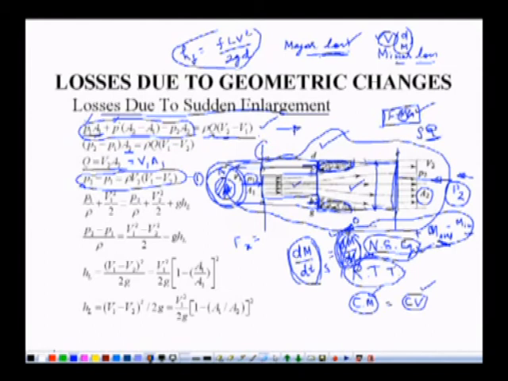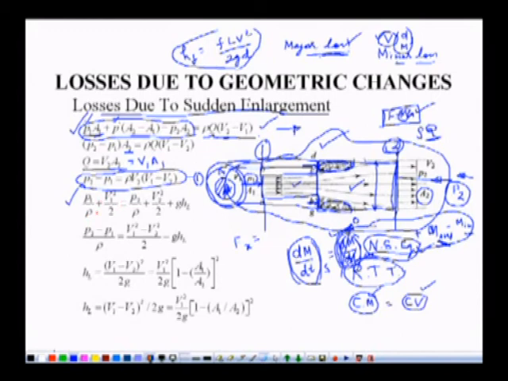AB means at section 1, let us say, and section 2, entry of the control volume and exit of the control volume. So let us apply the Bernoulli equation. So this was based on the momentum equation. The equation which we are going to write is based on the Bernoulli equation between point 1 and point 2, or section 1 and 2.